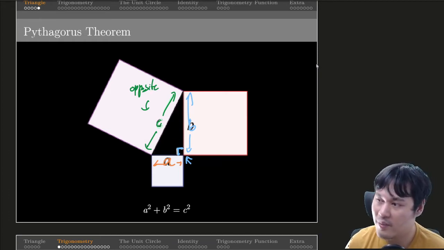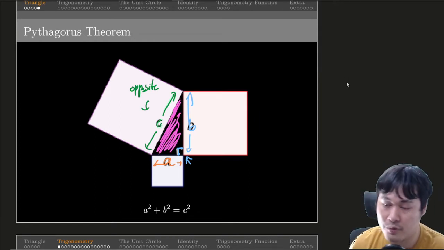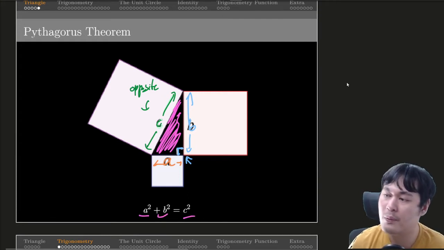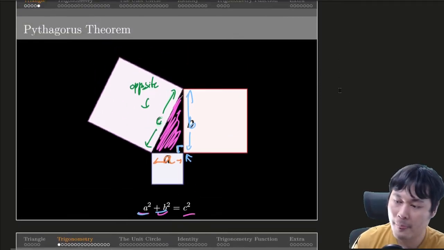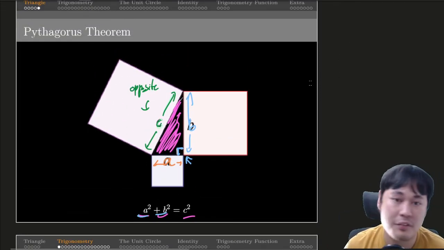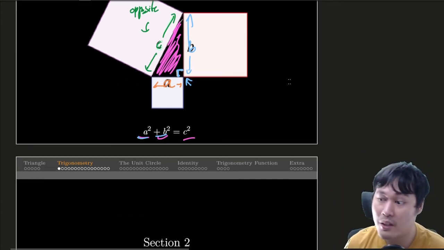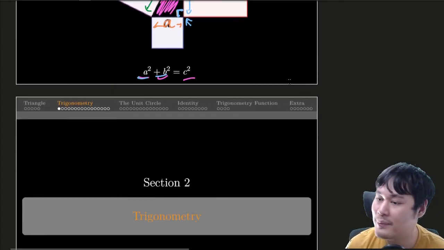Then we have the relationship between these three sides: A squared plus B squared equals C squared. The sum of the squares of the sides next to the right angle equals the square of the opposite side. There are lots of ways to prove this theorem, but that's not the focus of this part, so we're just going to use this fact. You can Google it if you are curious.